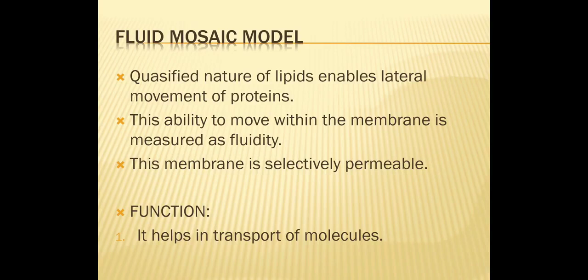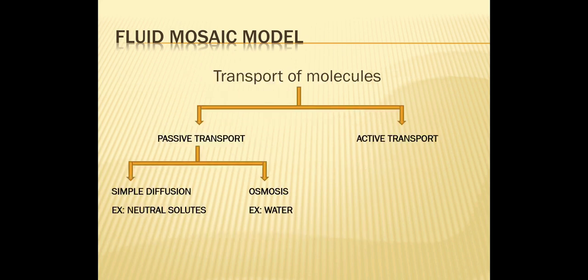Then, according to this nature, it has only one function, and the function is that it helps in transport of molecules. Now if we see the transport of molecules, we'll find that this transport can be done in two different ways. One is passive transport and the other one is active transport.